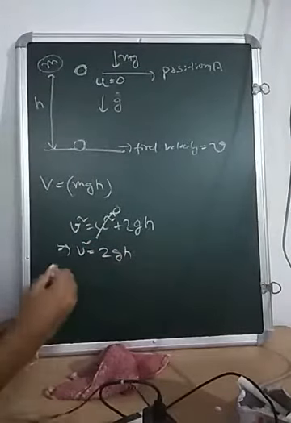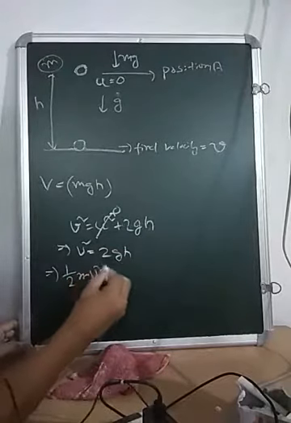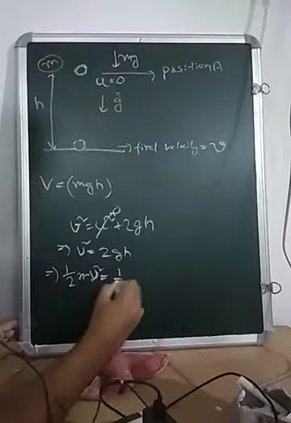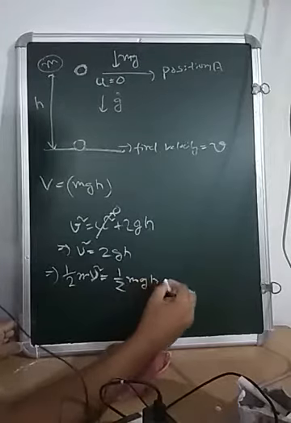Now if you multiply both sides by half of m, half of m v squared is equal to half of m into twice g h.